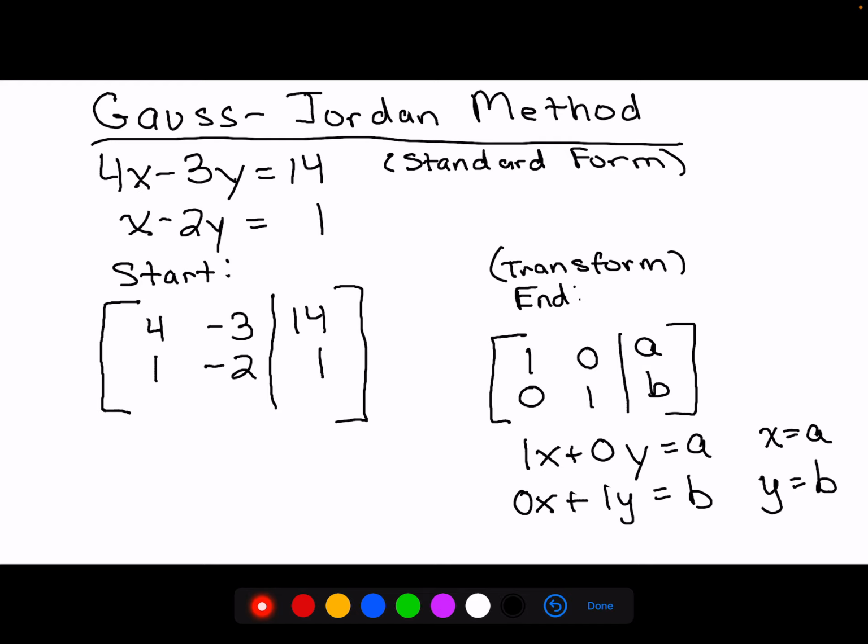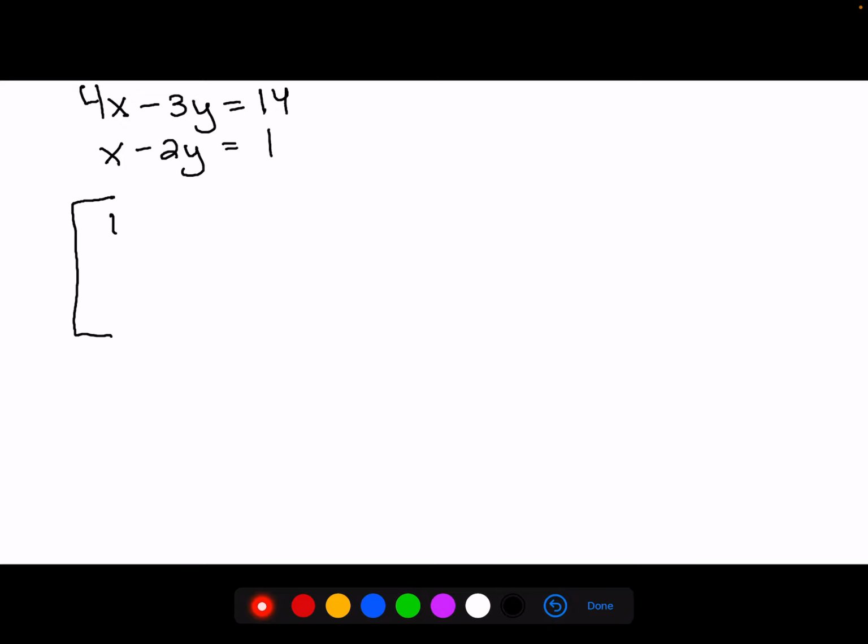Okay, so let's do this. Let's use the equations I just had there. I'll rewrite them for us. And let's use some techniques to get that augmented matrix into that diagonal form. We want to reduce it down to that diagonal form. So let me rewrite my matrix. I like to draw little arrows to remind myself that this next one's the next matrix.